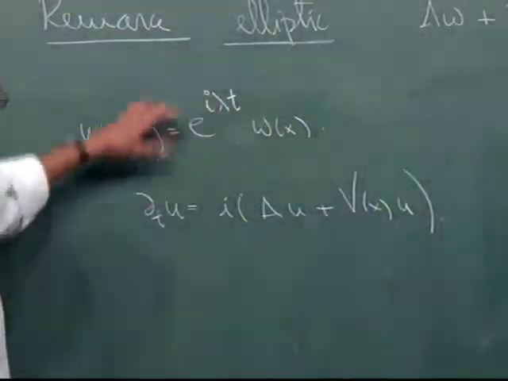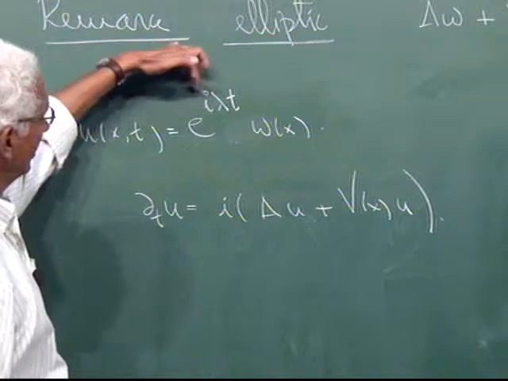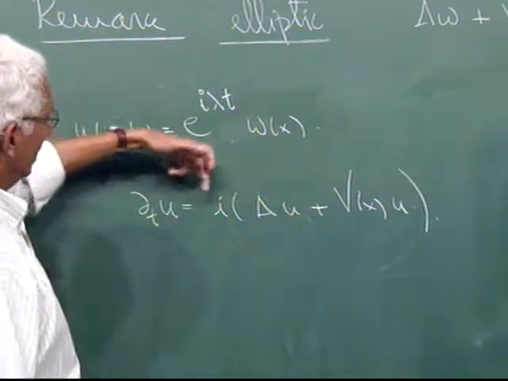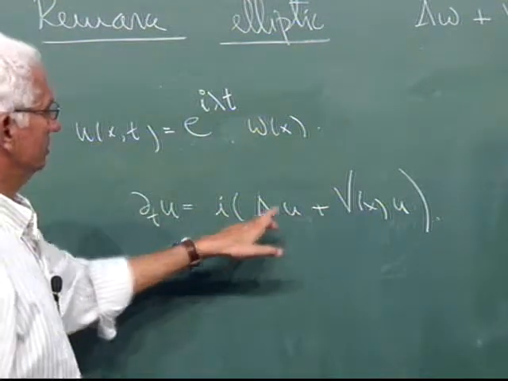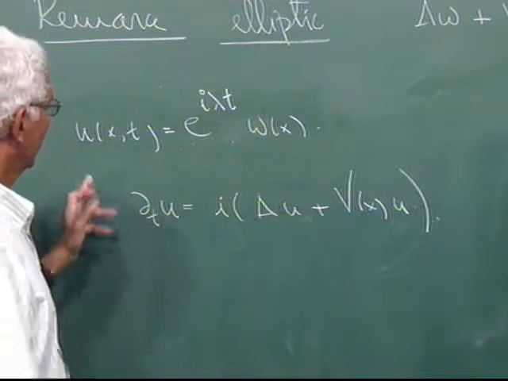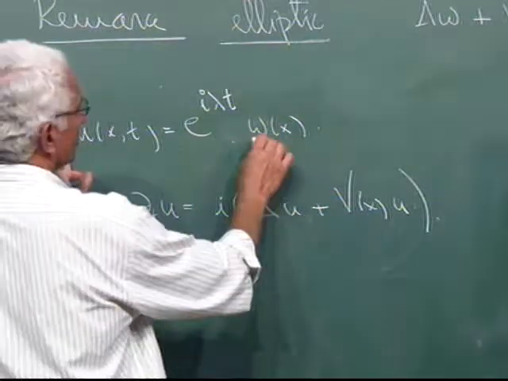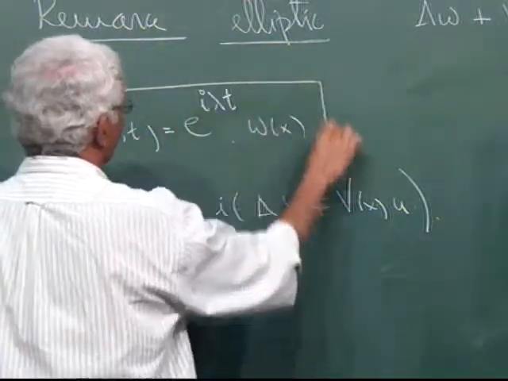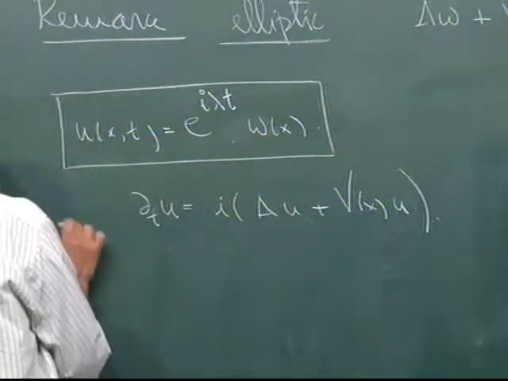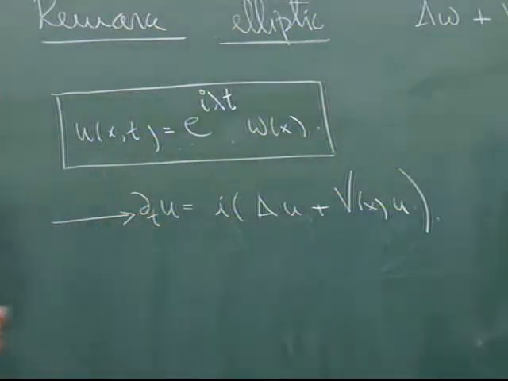When you take the derivative with respect to t, you pick up I lambda. Then, if W solves this problem, so it's a very simple computation.